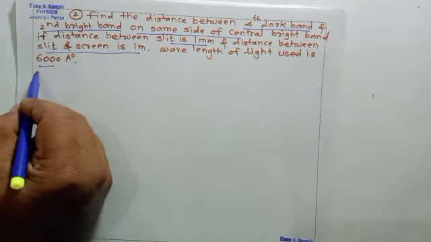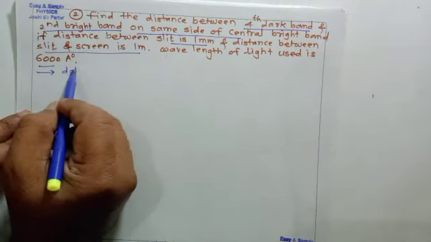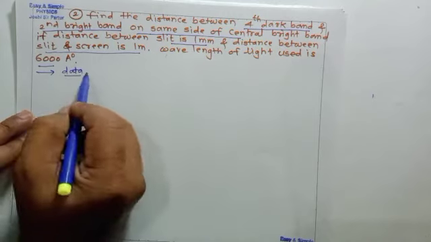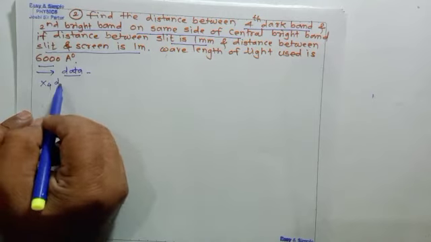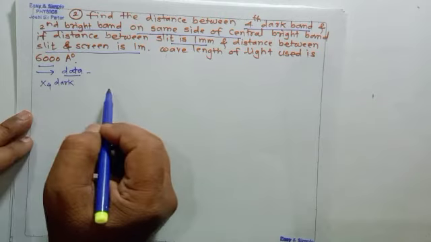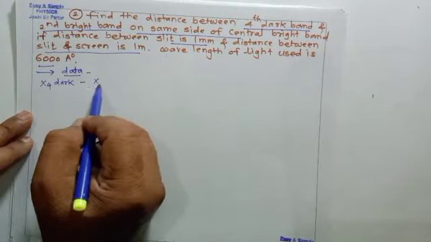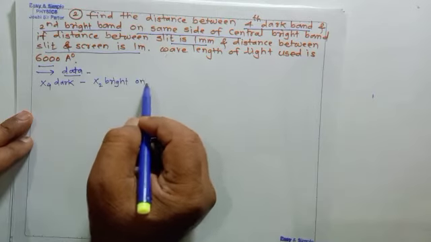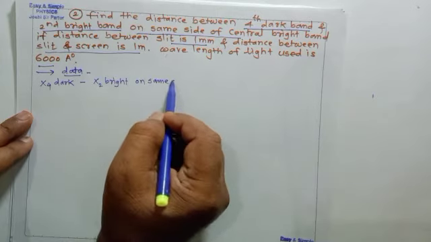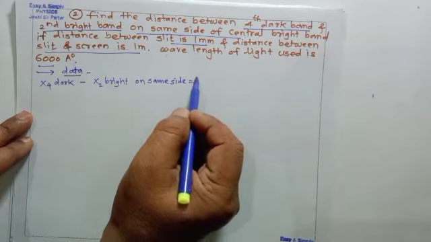So if we write data, x4 dark minus x2 bright on same side. It will be calculated.